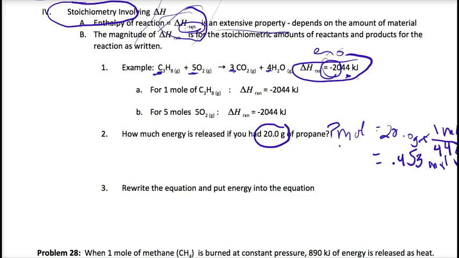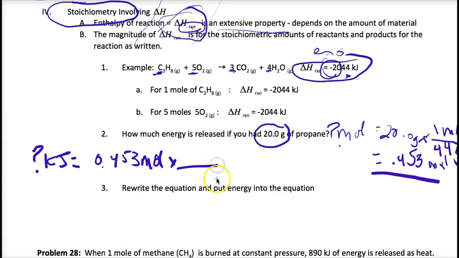All right, so how much energy is released if you have 20 grams of propane? Well, I figured out over here how many moles I have. See right here, here's my moles. Hopefully you got something very similar. And so now we want to know how much energy is in 0.453 moles.